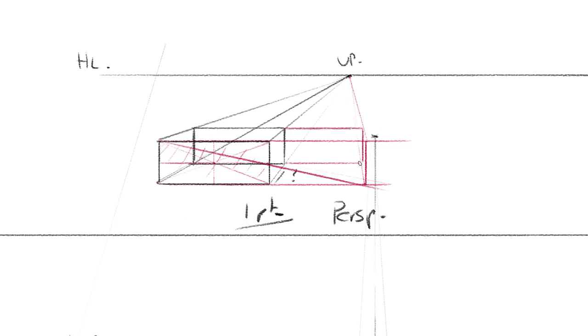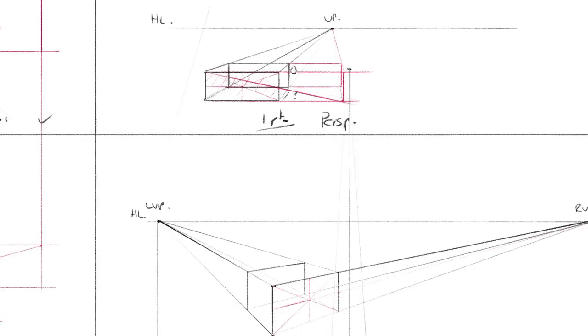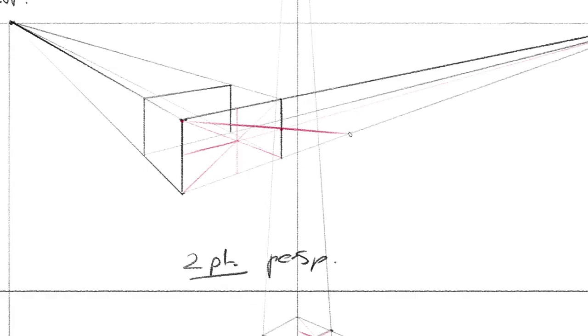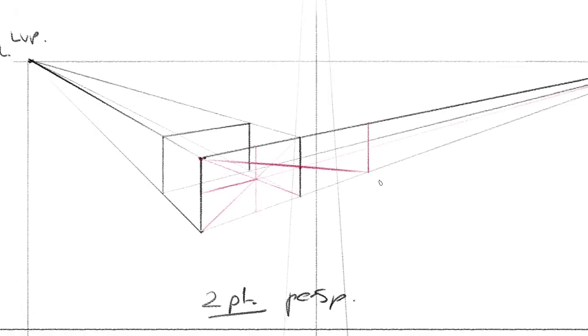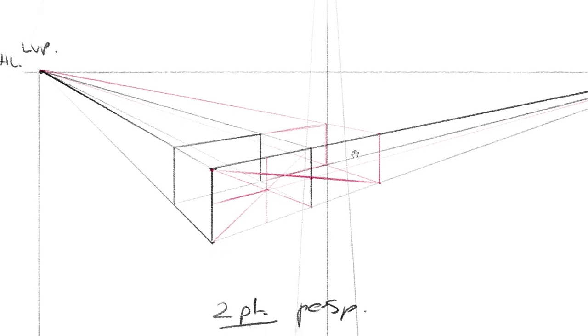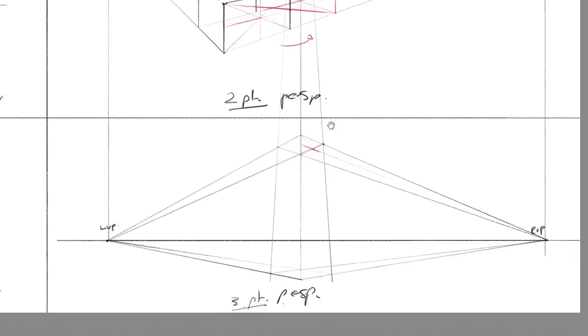And I just used the dimensions of the previous box and extended those lines. Same with this box, connect, go through the center point, back to the left vanishing point, and then just close the box. And there I duplicated on a 2-point perspective.